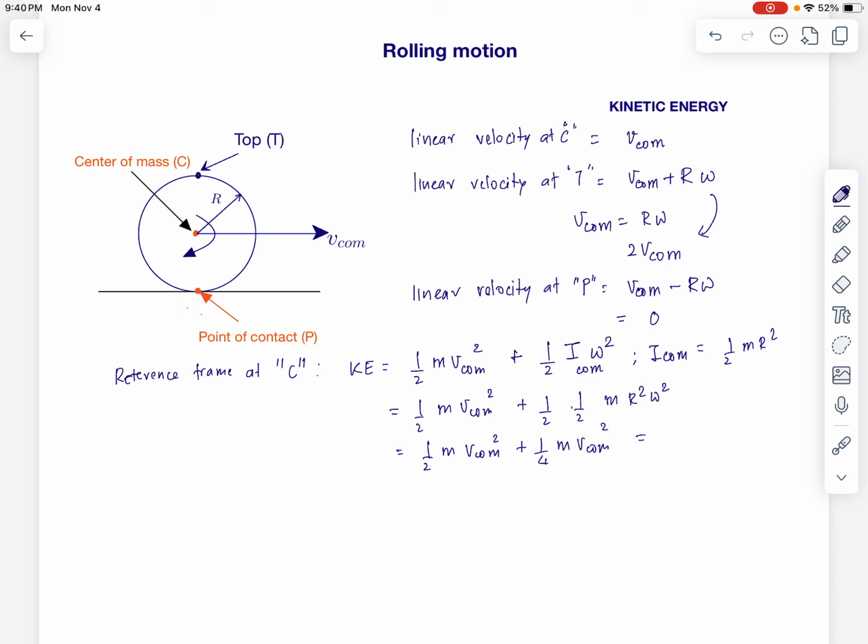That becomes equal to 3/4 m v center of mass square. So that is the total kinetic energy of the rolling cylinder. The cylinder is rolling about its long axis, and the reference frame here is at point C, the center of mass.